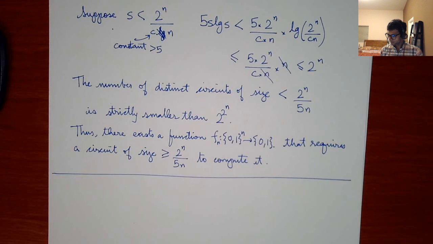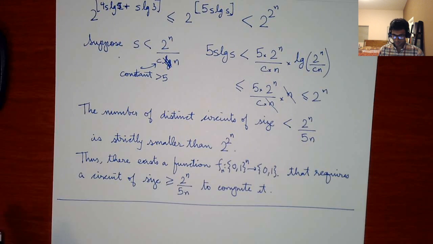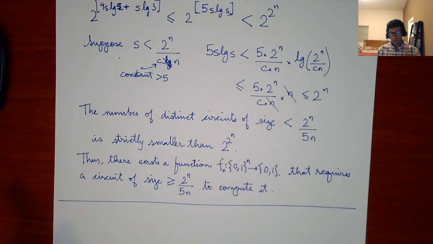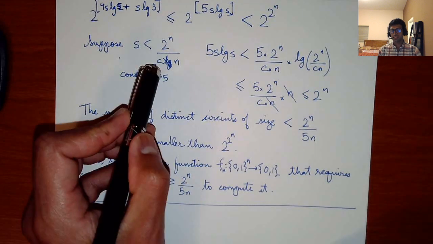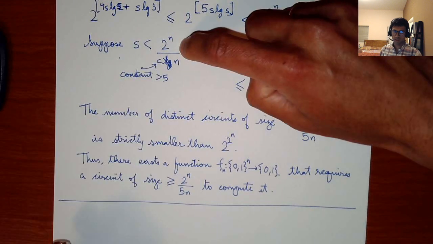I'm a bit confused about how we were able to say that S is less than 2 to the n divided by C times n. We're assuming that. So here's one way to think about it. Consider all circuits of size less than that. So there's a family of circuits, all of whose sizes are less than that.